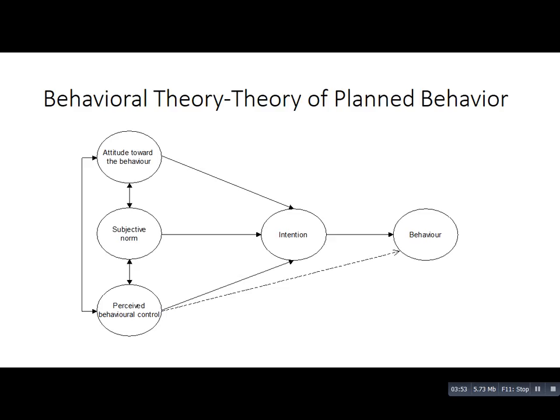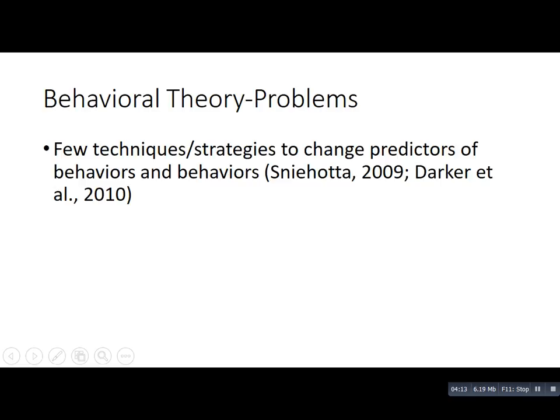For example, the theory of planned behavior we just looked at tells you that perceived behavior control or self-efficacy is very important, but it doesn't tell you how you can actually change perceived behavior control or self-efficacy. Again, few techniques and strategies are included in behavior change theories that would help us explain how we change these predictors or behaviors in itself.